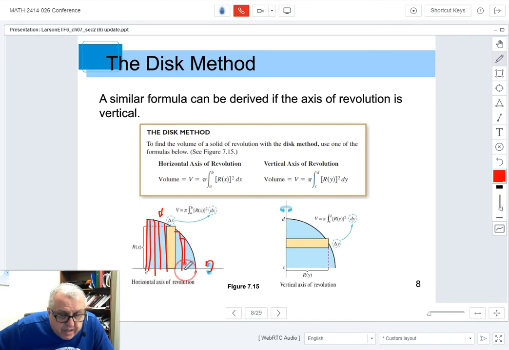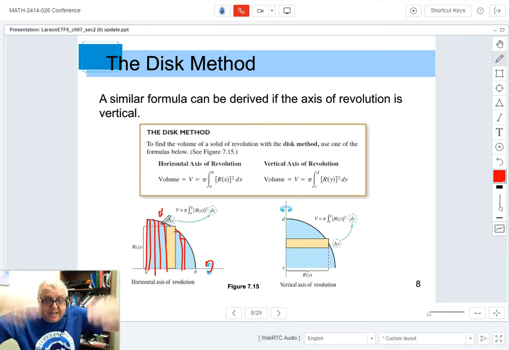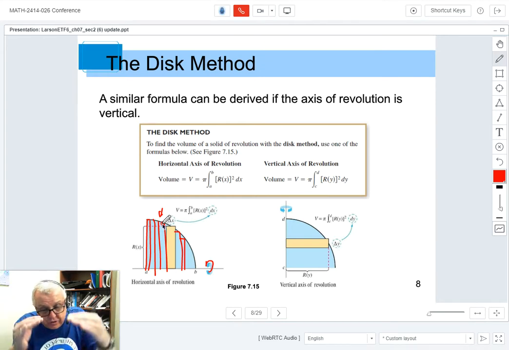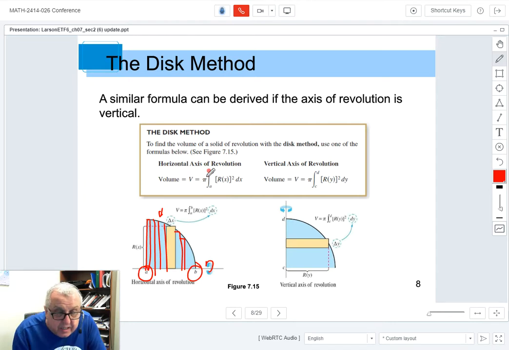Now, our rectangles have to go down to the x-axis, and there's nothing to stop it. So there's always a graph there to keep it going. If you look at the formula, we're integrating on the x-axis from A to B. The formula is pi r squared. We can put pi outside of the integration, r squared, and then the dx.